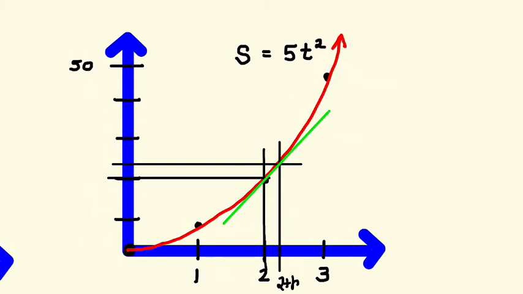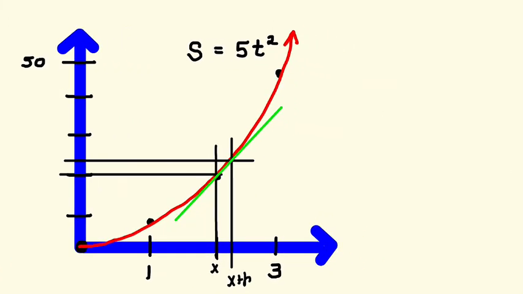Now, what I want to do is change this, and I'm going to call it x. Let's call it x instead of 2. Oh, well, if I do that, then this has to be x plus h, right? So let's figure out the slope of this secant line, which would be the average velocity, right?